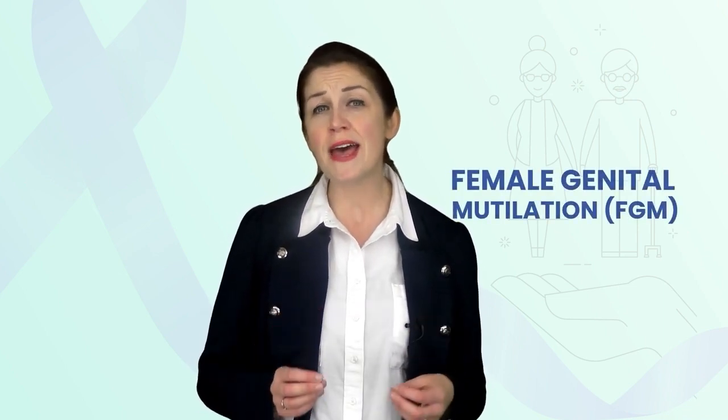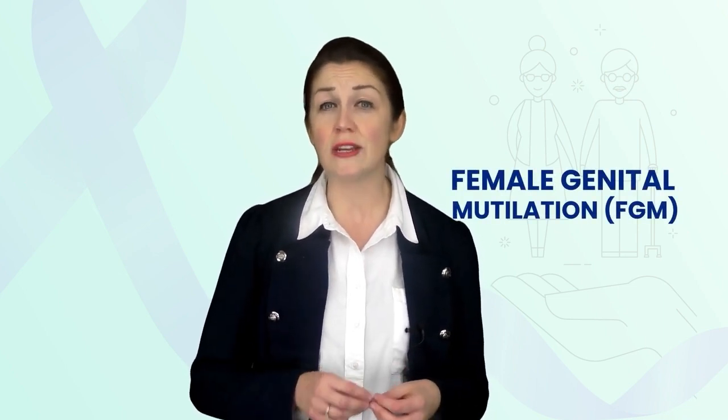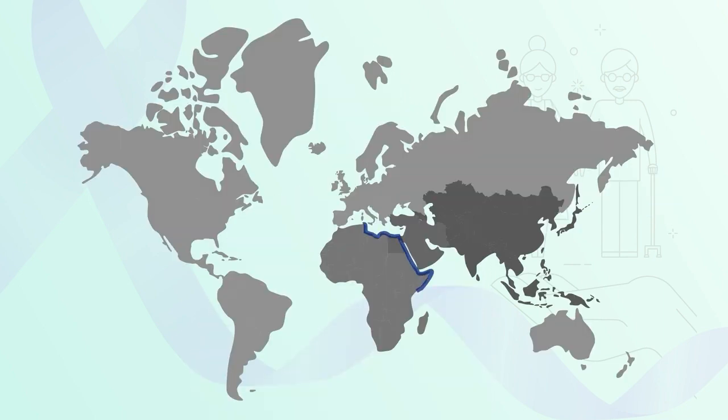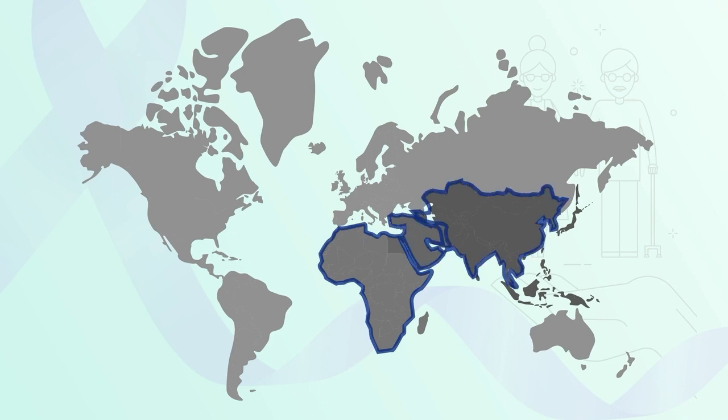Young women can also be subjected to female genital mutilation, FGM, at these times. This is a procedure that is still practiced in some areas of Africa, Asia and the Middle East, but is a criminal act in the UK and other countries where authorities will actively safeguard against it.